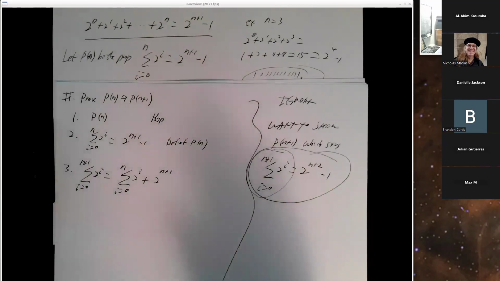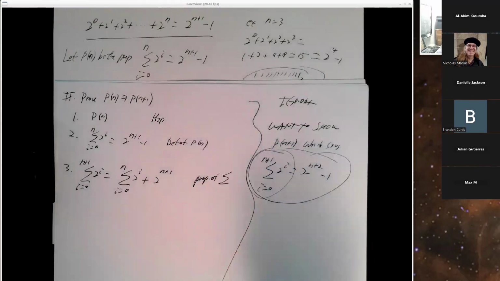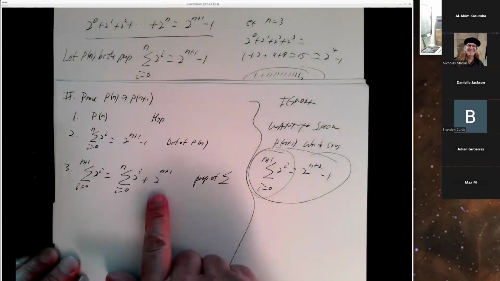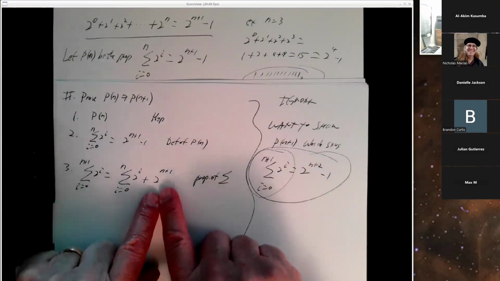Everyone agree with that? That's just properties of summation. We did those week 2. We can take the sum, break it into the sum of everything up to n, and then just add the n plus first term.